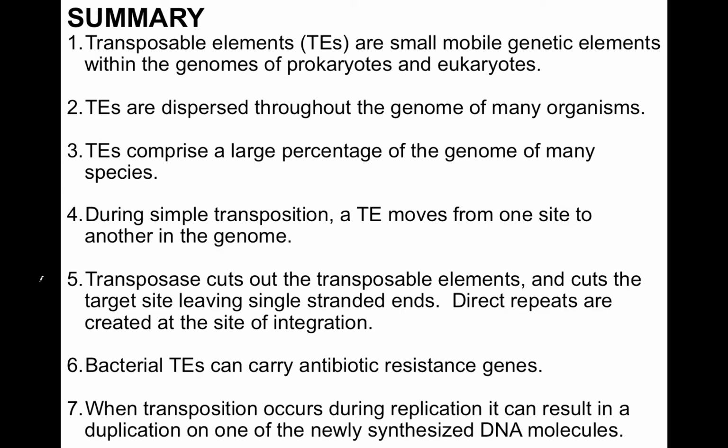Transposase cuts out the transposable element and cuts the target sites, leaving single-stranded ends. Direct repeats are created at the site of integration. Bacterial TEs can carry antibiotic resistance genes. When transposition occurs during replication, it can result in duplication on one of the newly synthesized DNA molecules.